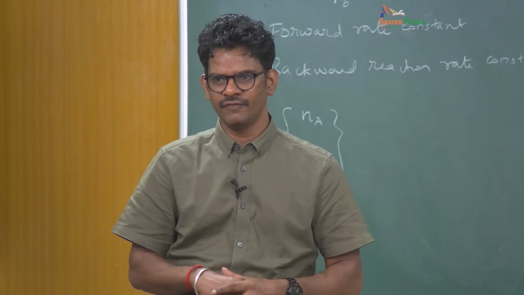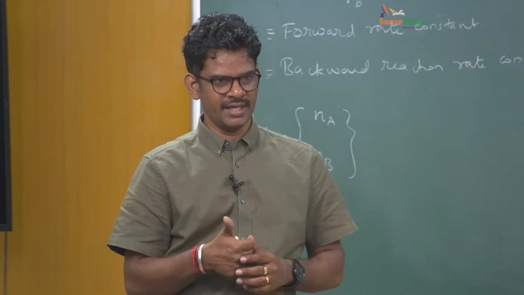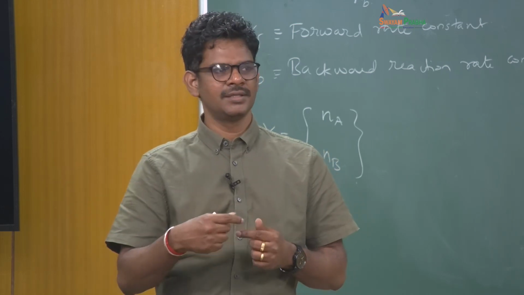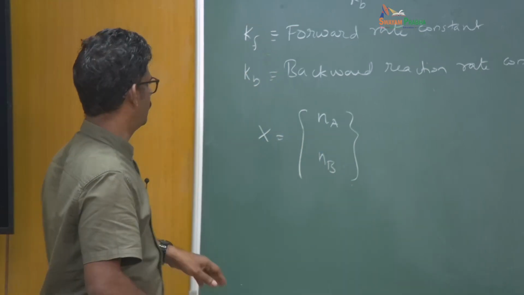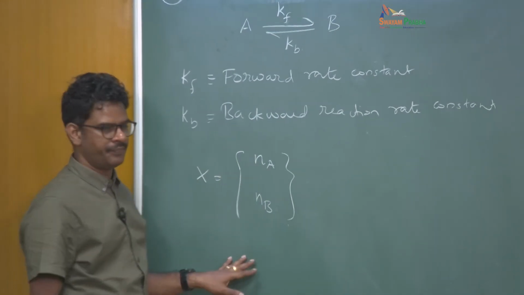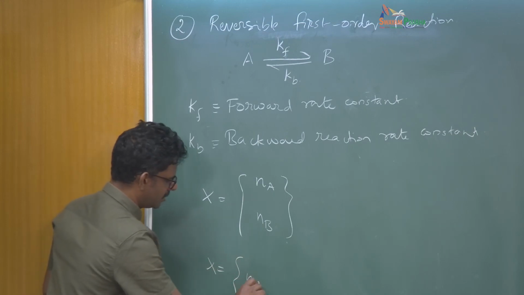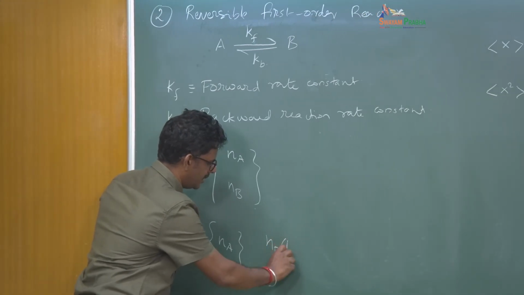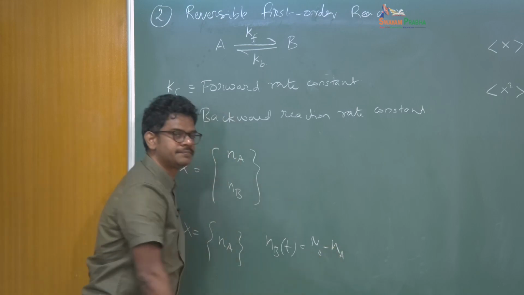So therefore, we do not necessarily need two random variables, we can just work with only one random variable and use mass balance to get the number of molecules of the other kind. Okay. So we can say that instead of looking at two variable problem, we can think of our random variable is only Na, because at any point Nb will be N0 minus Na.